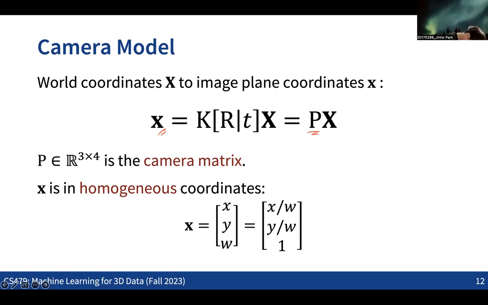We have x, y, z values describing the 3D coordinates, and we first multiply by the extrinsic matrix, transforming the world coordinates into the camera coordinates, and then we multiply by the intrinsic matrix to finally get the 2D coordinates. The thing is that while this small x indicates the 2D coordinates, we have 3 numbers, right?